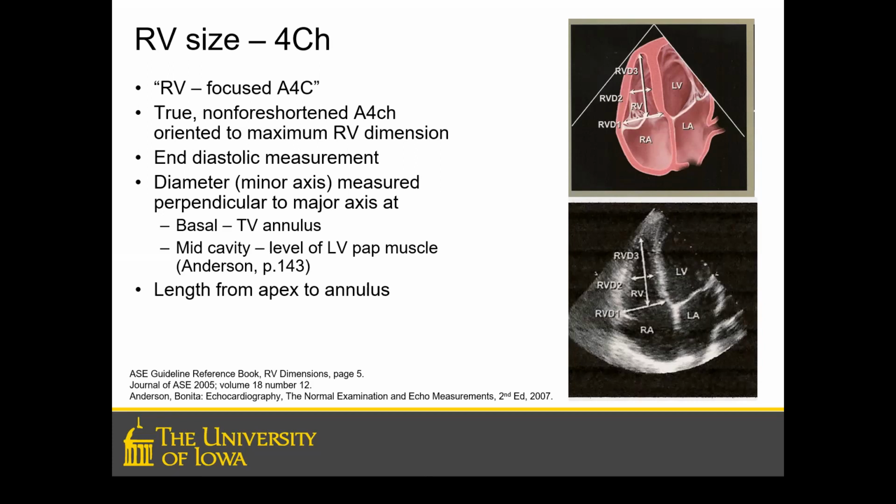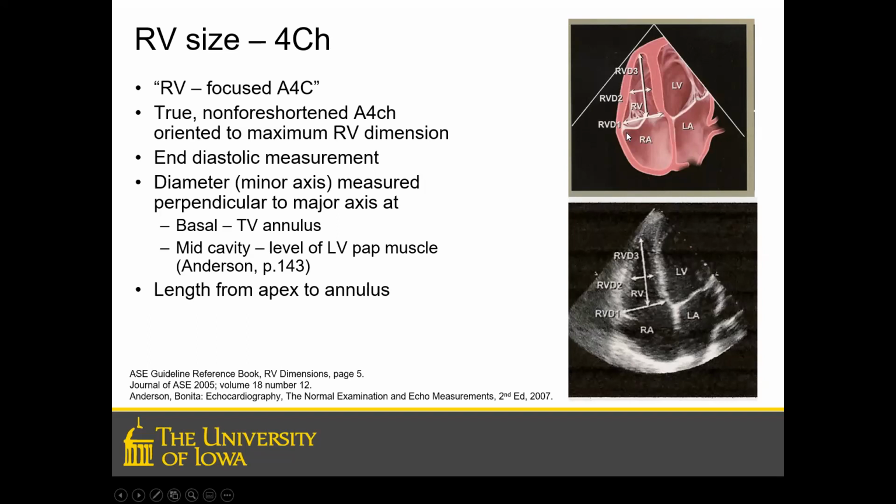Something super important is that these are done in what's called an RV focused view, not a modified view. It is literally the same RV plane, just shifting a little bit so you can see the RV free wall.